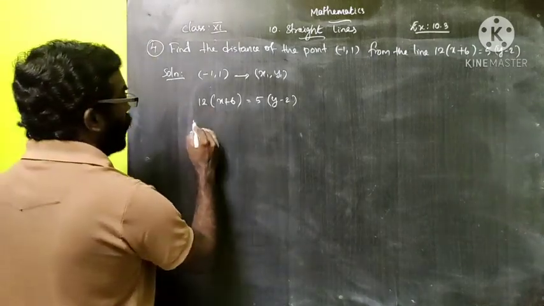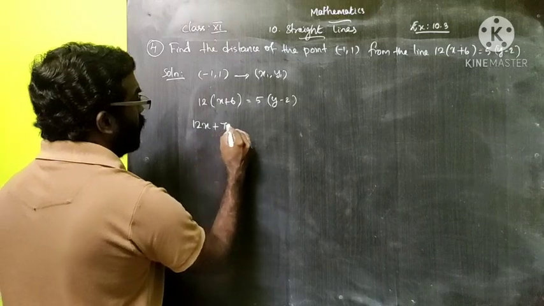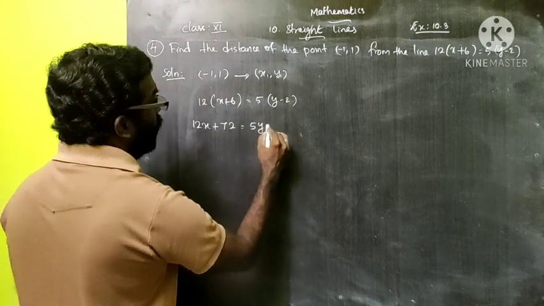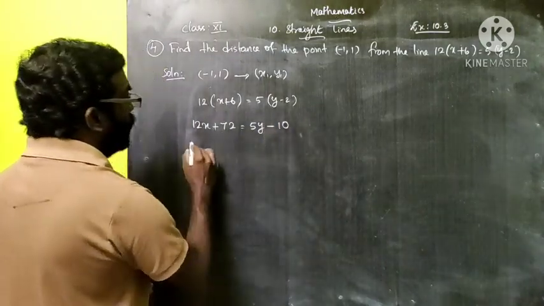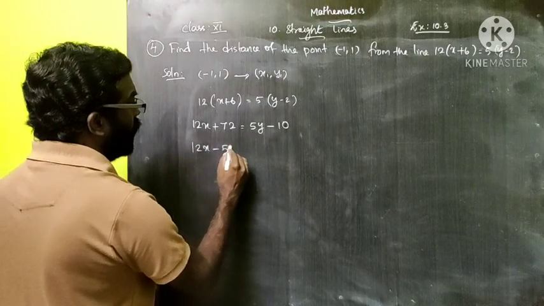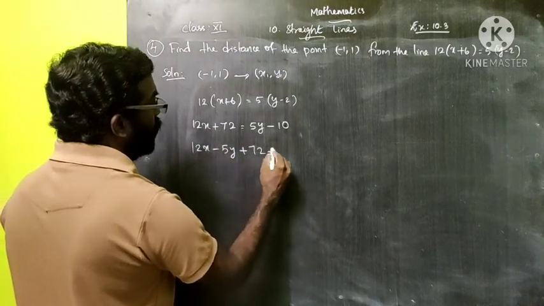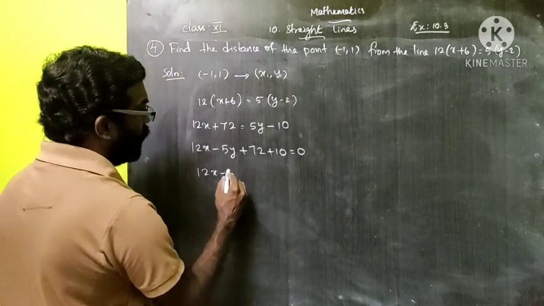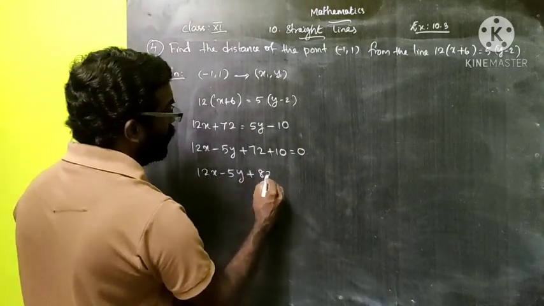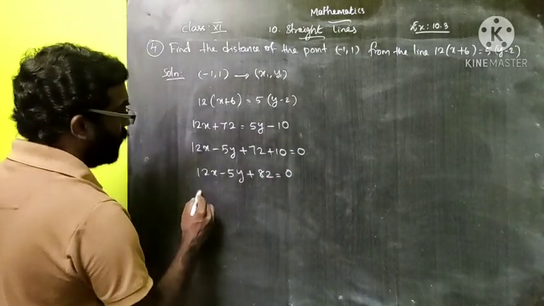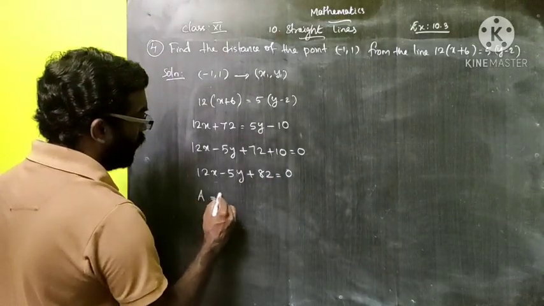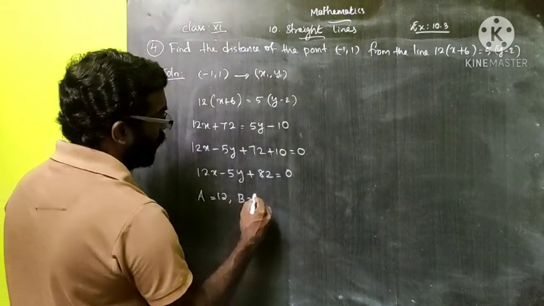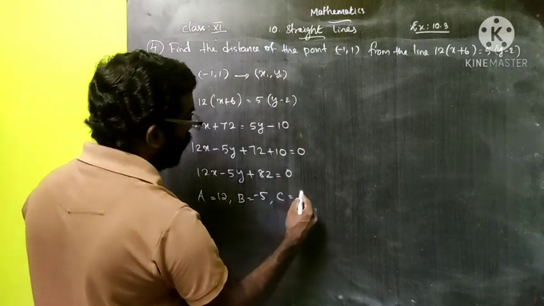For that we multiply: 12x plus 72 is equal to 5y minus 10. That is 12x minus 5y plus 72 plus 10 is equal to 0, or 12x minus 5y plus 82 is equal to 0. From this we can write the values: a is equal to 12, b is equal to minus 5 and c is equal to 82.